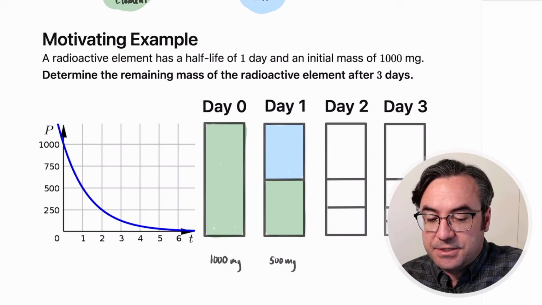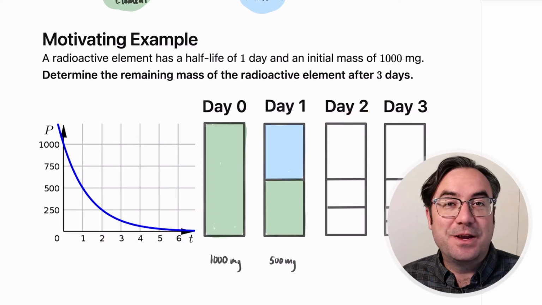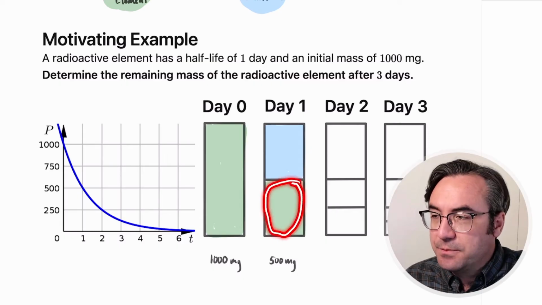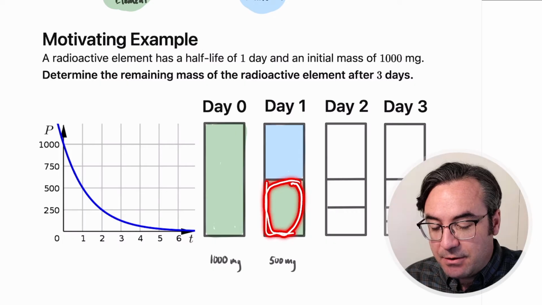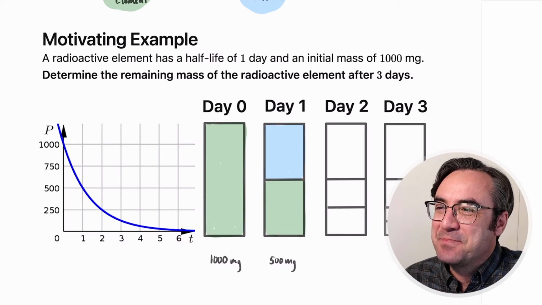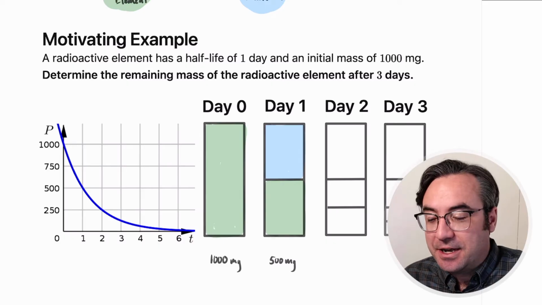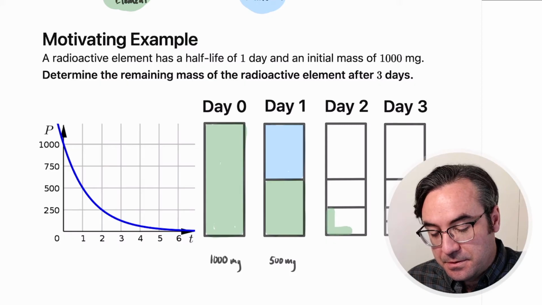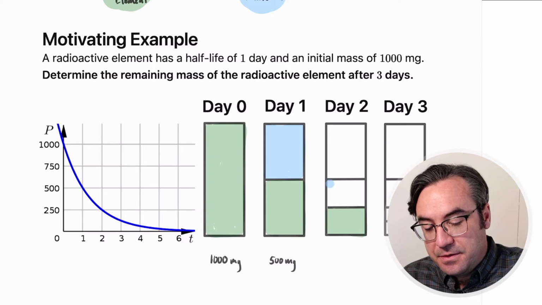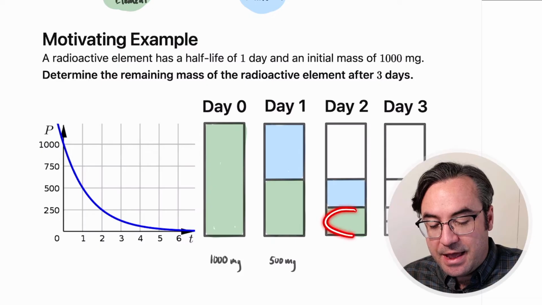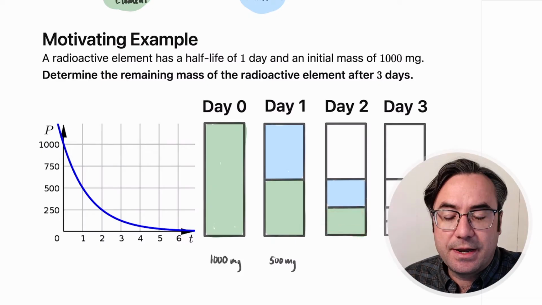So now let's watch what happens when another day goes by. When we go from day 1 to day 2, this is now our radioactive sample. Look at it all glowing there. And this is going to get cut in half. So now this half becomes our new material, whatever that is, and half of that is still our radioactive sample.